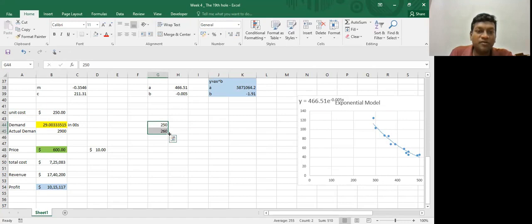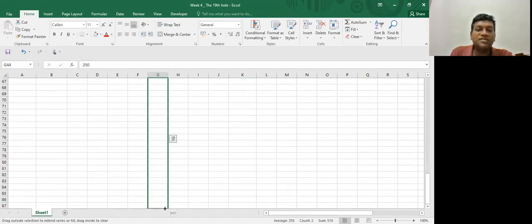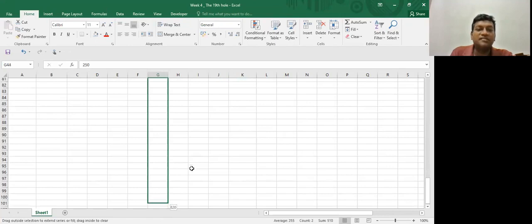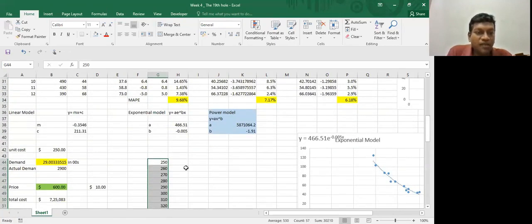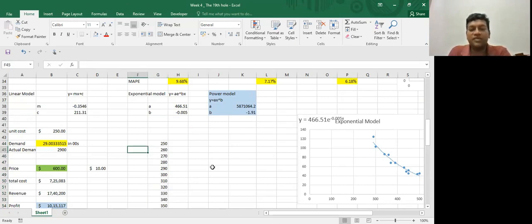Let's drag it down and say I am taking it down to, let's say, around 680, or let's say even 810. So these are the various prices which you could possibly charge. I'm just putting that value here so that I don't get confused with this. So this is the price.